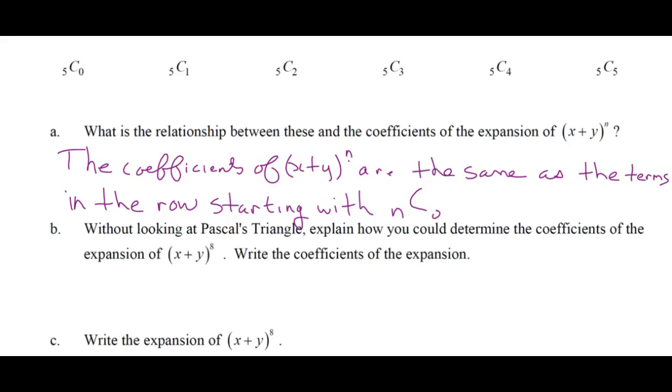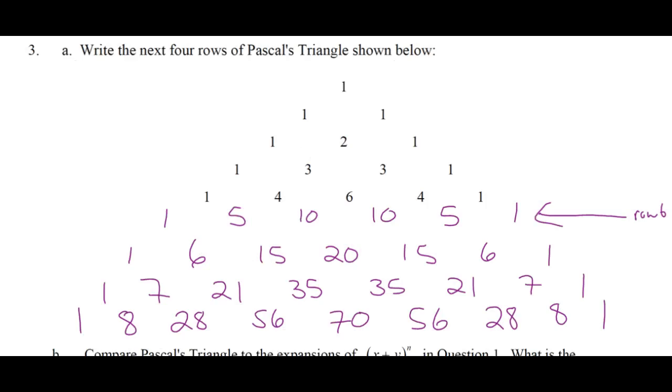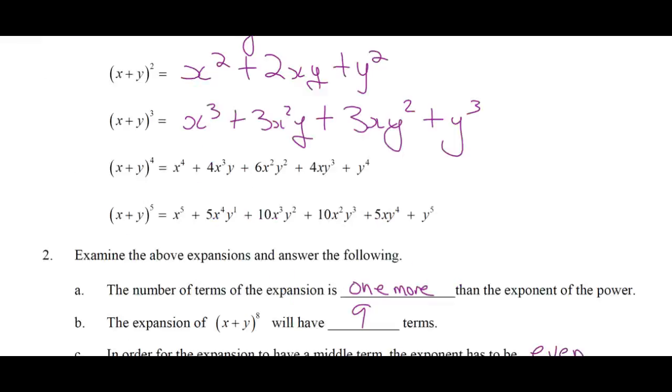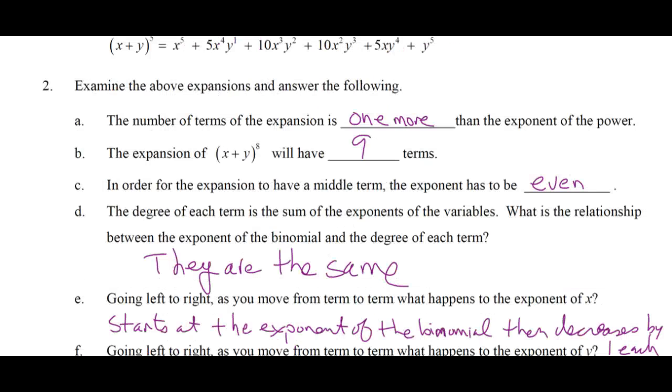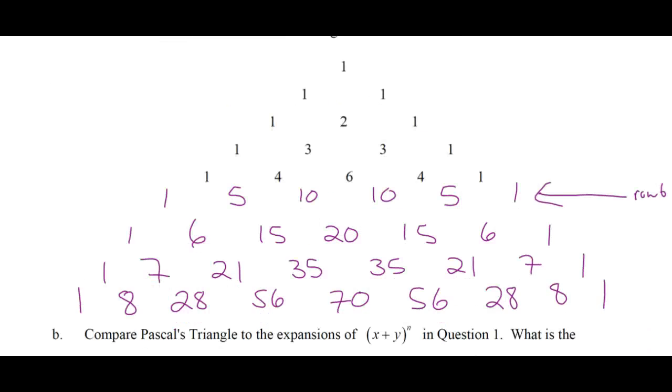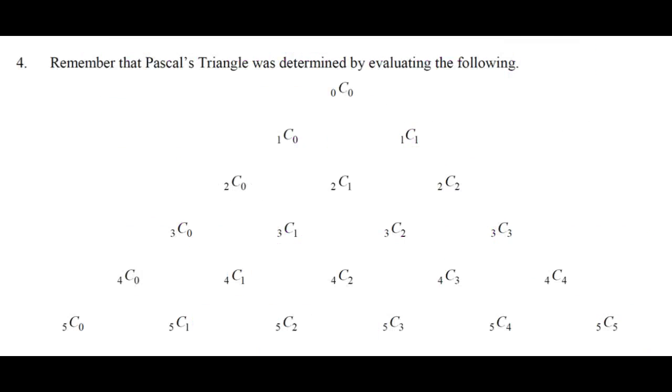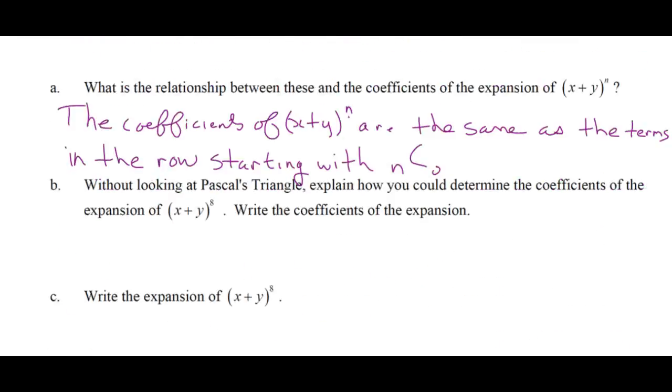If I want x plus y to the fifth, we got that somewhere. x plus y to the fifth has 1, 5, 10, 10, 5, 1. The row in Pascal's triangle that gives you those coefficients, 5 choose 0, 5 choose 1, etc., is just that row. So it just starts with n choose 0.